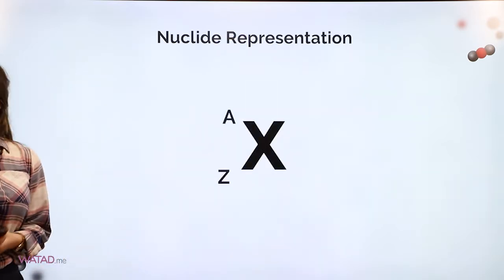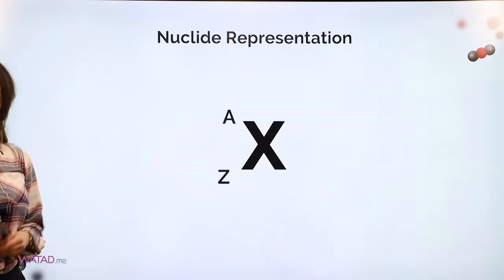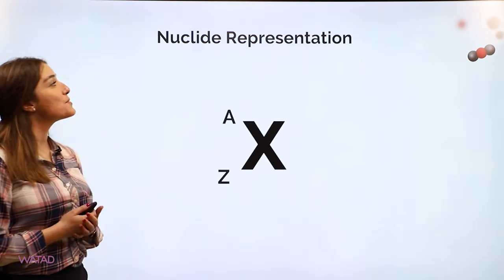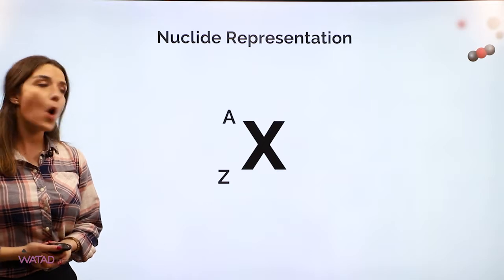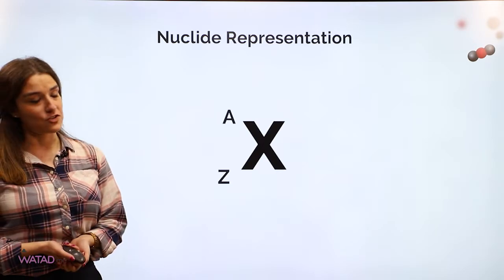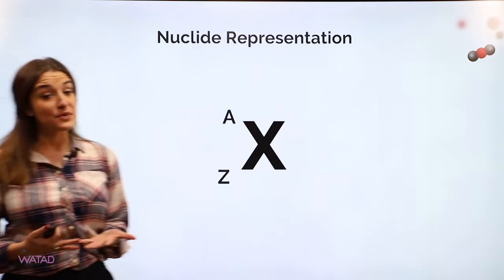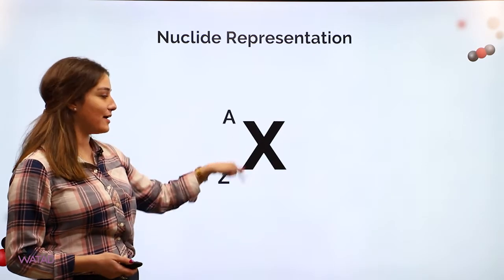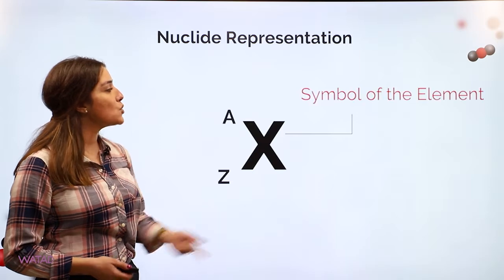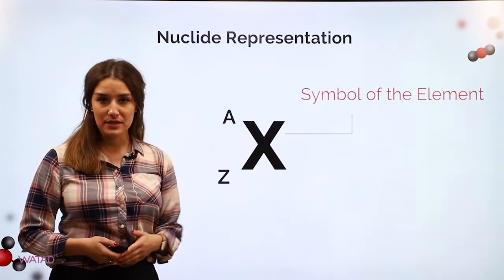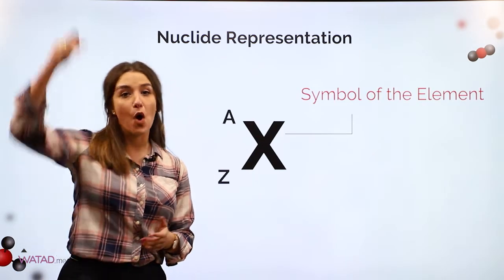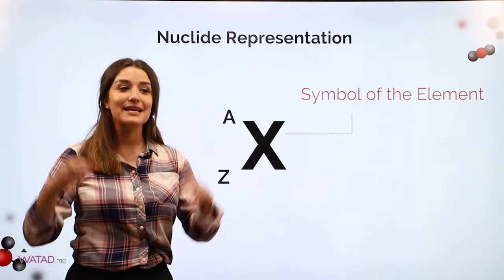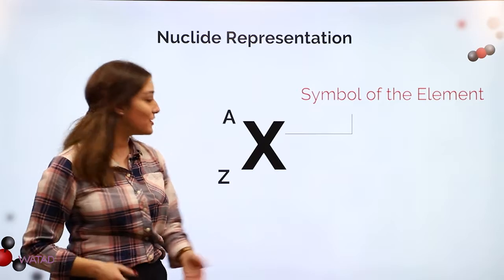The last idea that we are going to discuss for today is another important aspect of representing atoms, which we call nuclide representation. In the nuclide representation, instead of the X, of course, you are going to put the symbol of the element, which highlights the importance of learning the symbols of the elements in parallel to their order.